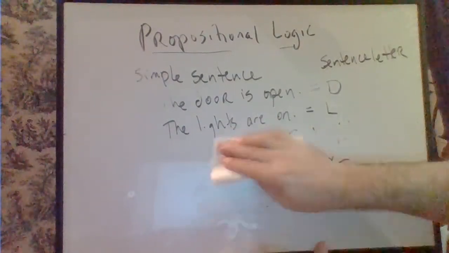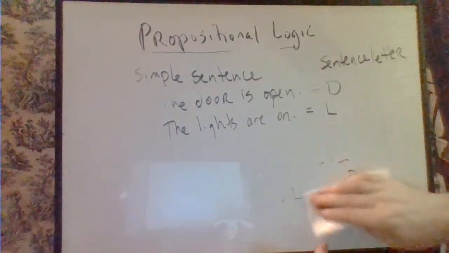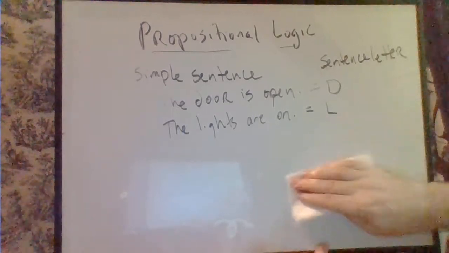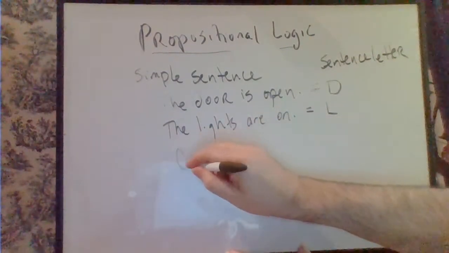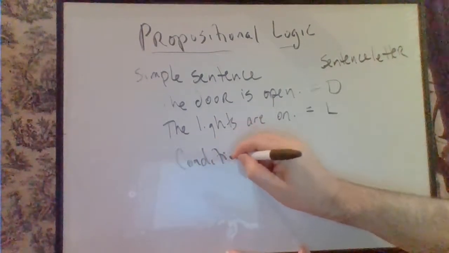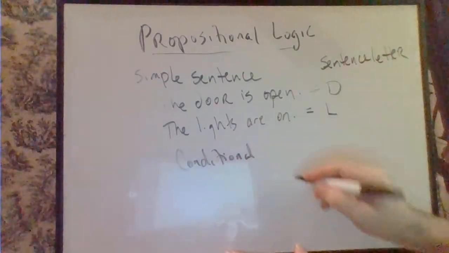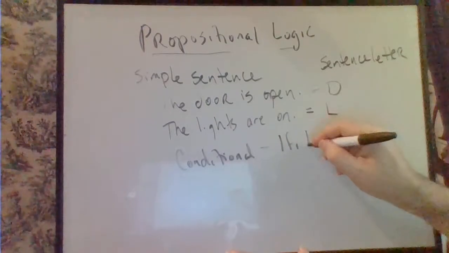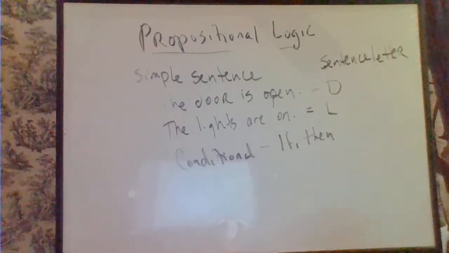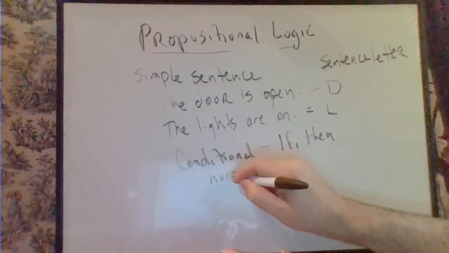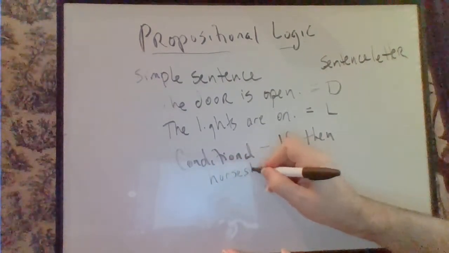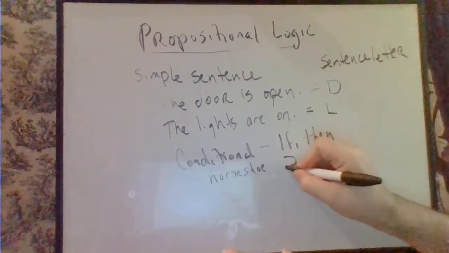It's the one that always gives us trouble, and that's the conditional. A conditional, as you know, is an if-then statement. Now here again, we're going to have two different symbols. Your book uses the symbol of a horseshoe, which looks like that.